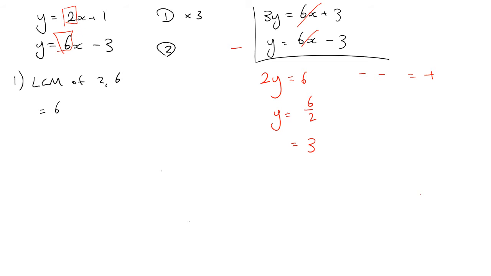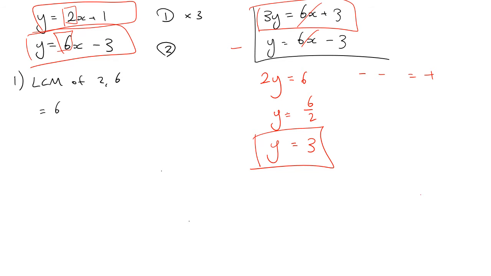Now our final step is to resubstitute y equals 3 into one of the equations. It doesn't matter whether you choose this, this, this, or this. You can just choose any of them. Let's go with the simplest one, so let's go with equation 1. Substitute y equals 3 into y equals 2x plus 1.